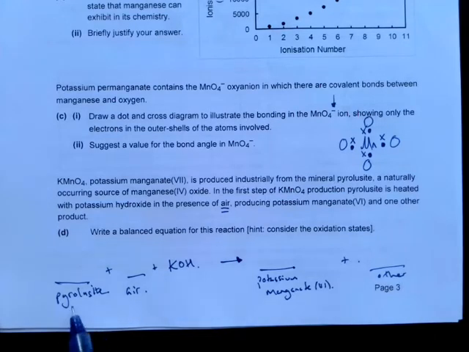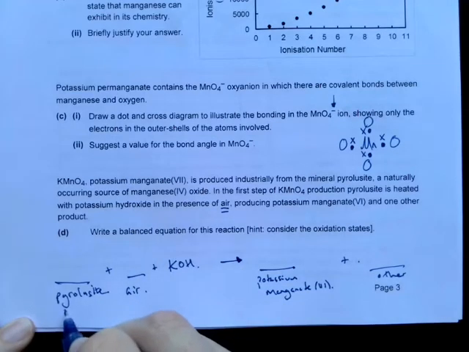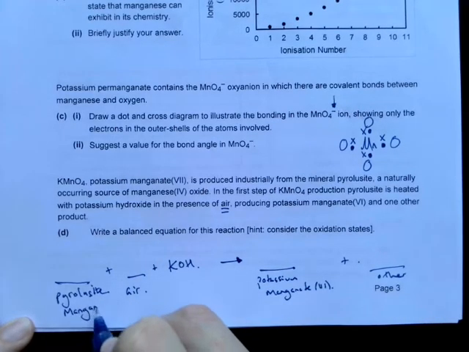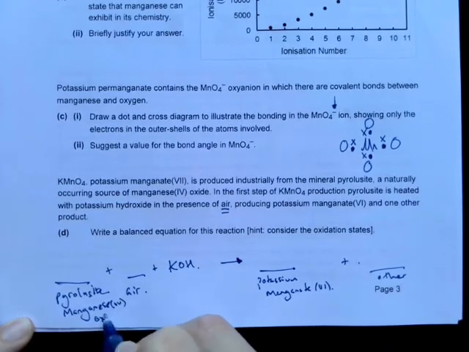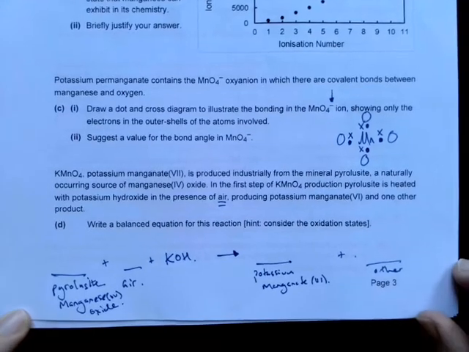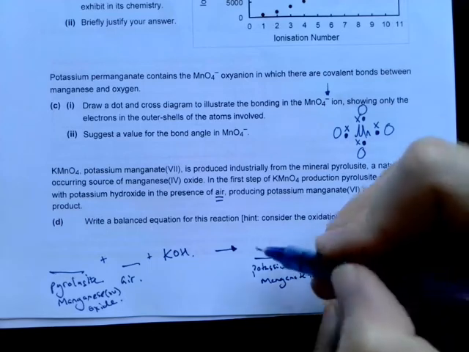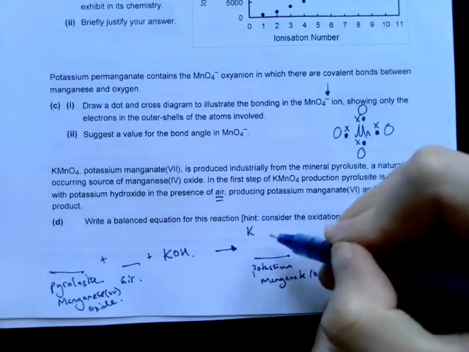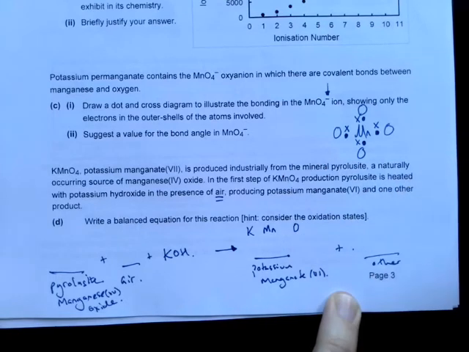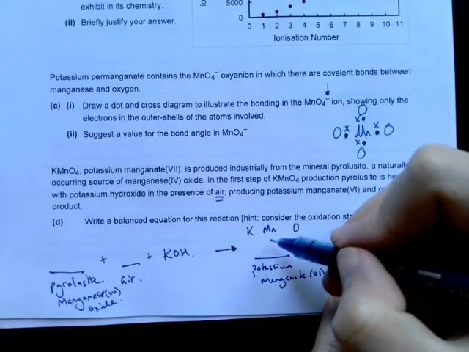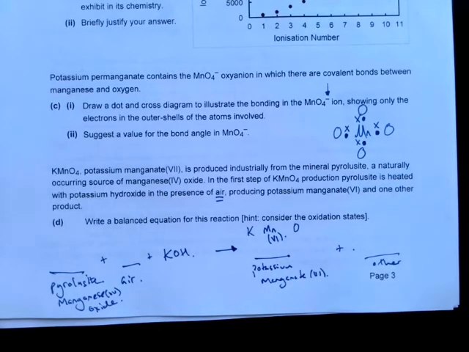Now remember, pyrolusite is a source of manganese 4 oxide. So this is actually manganese 4 oxide. This potassium manganate is going to have potassium in it, manganese in it, and oxygen in it, and the manganese is going to be in the oxidation state +6.